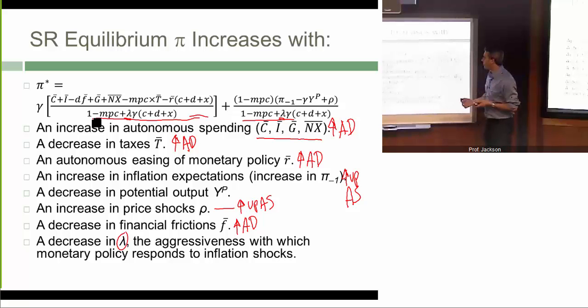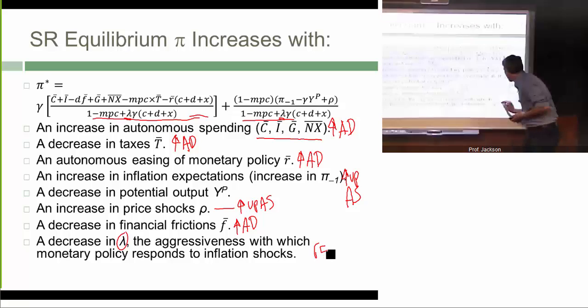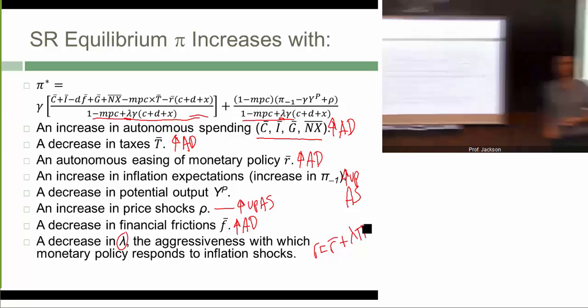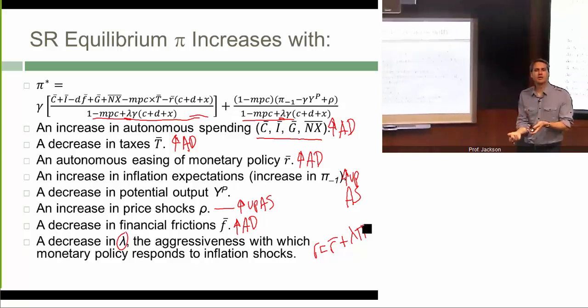And so that's important because that lambda parameter, if you recall, here's our MP curve. It says that policy interest rates are going to be governed by this autonomous policy interest rate. And then it's also going to be governed by this lambda parameter, which is effectively how sensitive monetary policy is to changes in inflation.